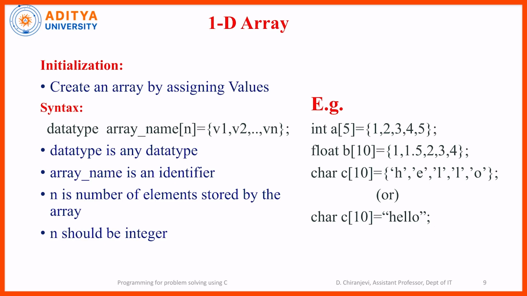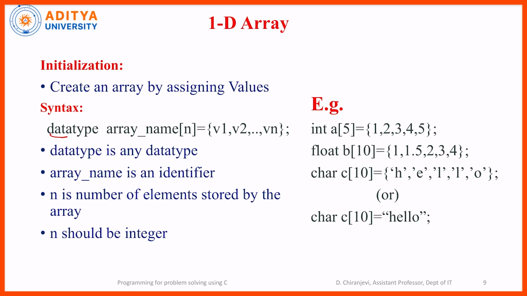Now how can we initialize an array? What does initialization mean? Initialization means assigning values to the array. So how can we initialize? Simply use the same syntax we used for declaration, but after specifying the size we need to assign the values by using the assignment operator.